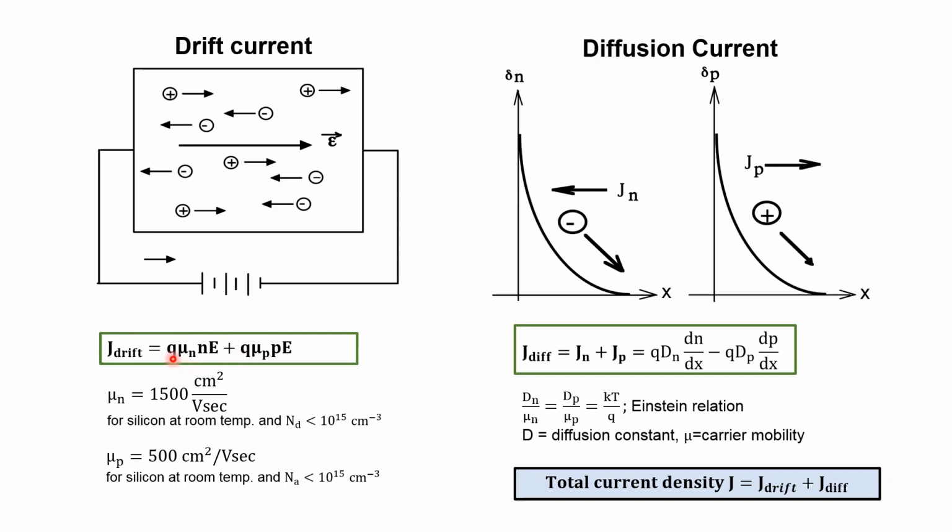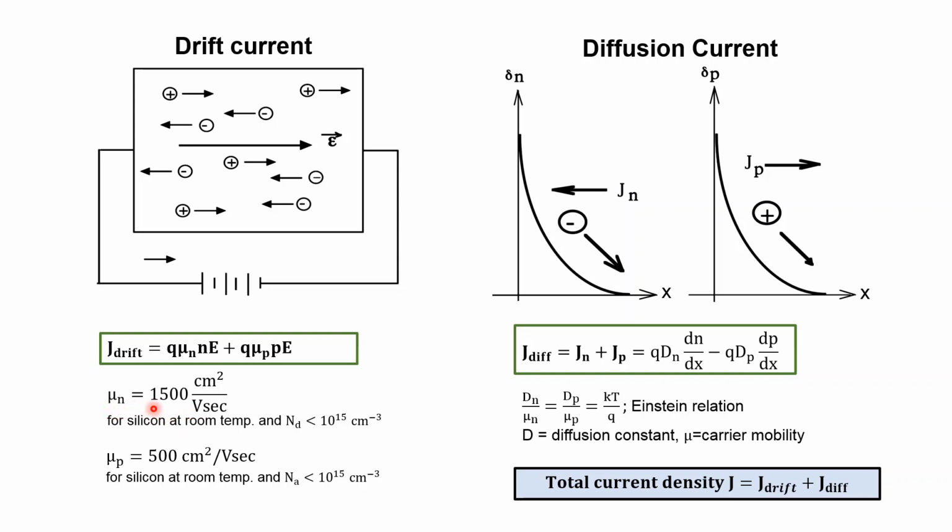So this is Q times mu n times N times E. N is the number of electrons, E is the applied electric field, and mu n is the mobility of electrons. Similarly, Q mu p P E, where mu p is the mobility of holes, and P is the number of holes per centimeter cube. So N is the density and P is also the density, multiplied by electric field E.